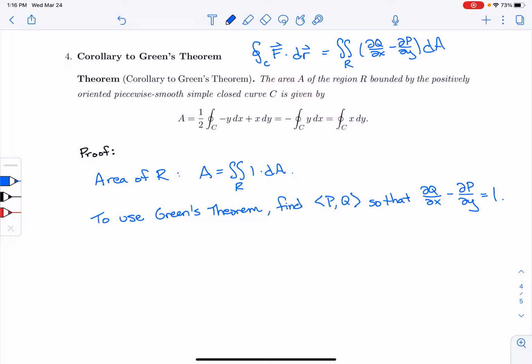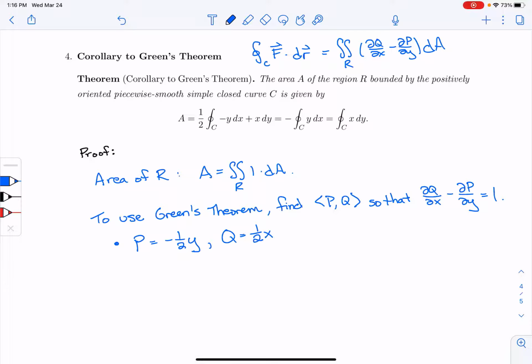And then we want to convert that to an integral around the boundary of F dot dr. Well, essentially, I can give you 3 different examples of a vector field P, Q so that dQ/dx minus dP/dy is equal to 1. We could let P be minus 1/2 y and Q equal 1/2 x.